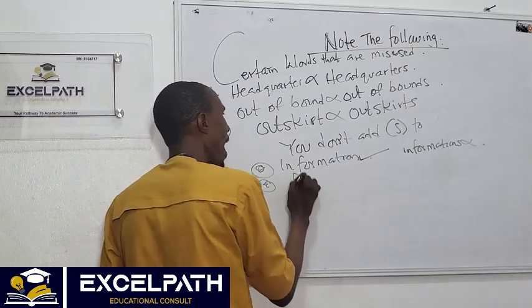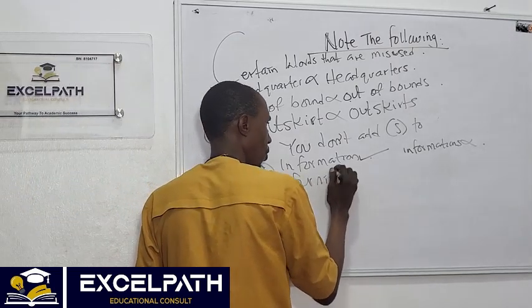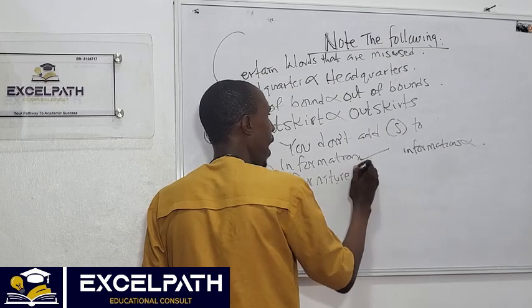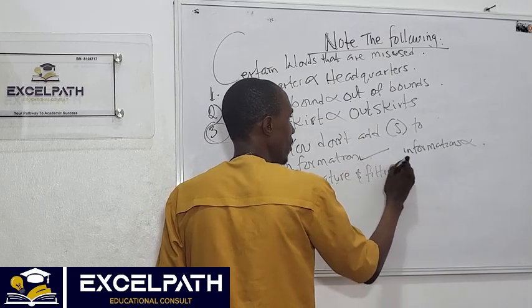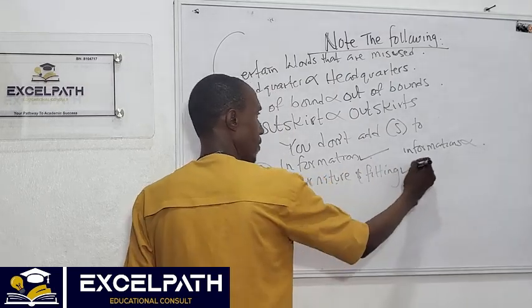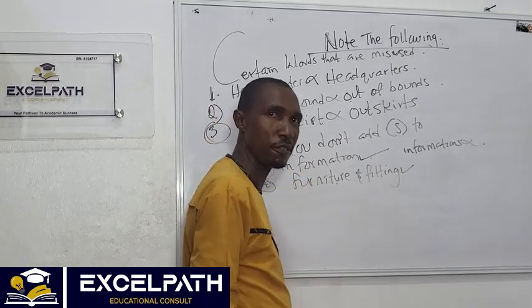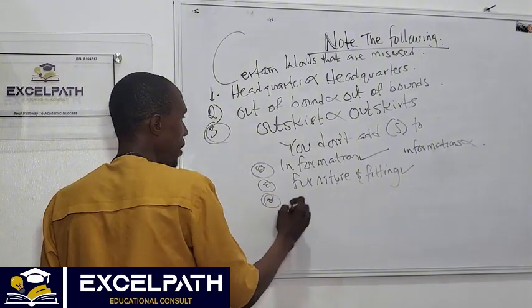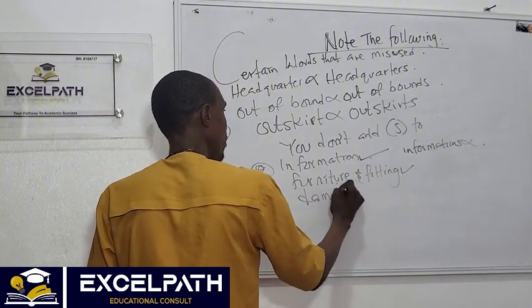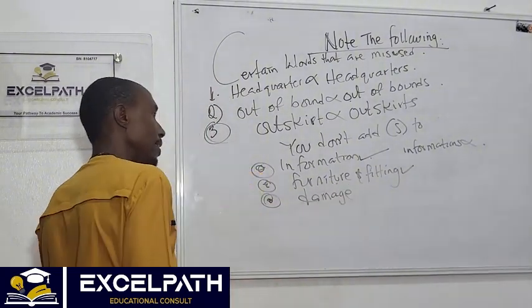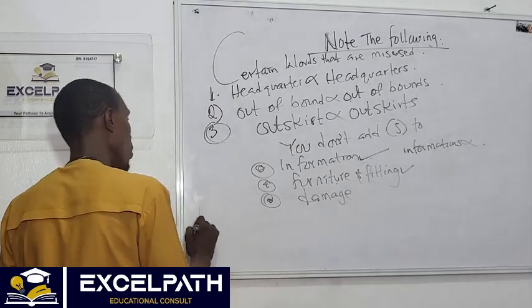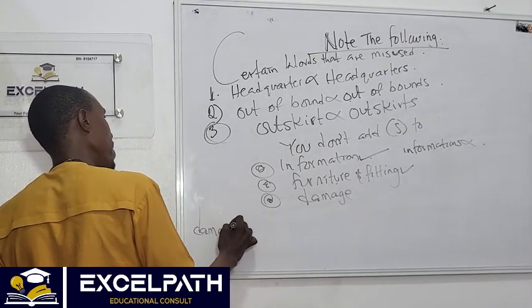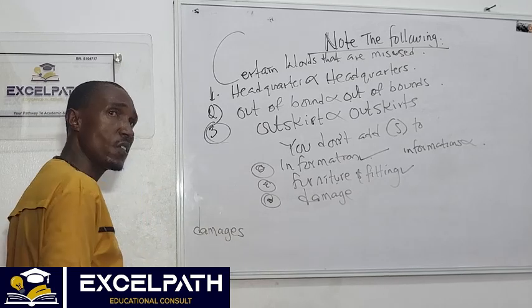Number 2, you don't add S to furniture. Furniture and fitting. Correct. Not furnitures. So the next one is damage. Immediately you add S to damage, it turns to damages.